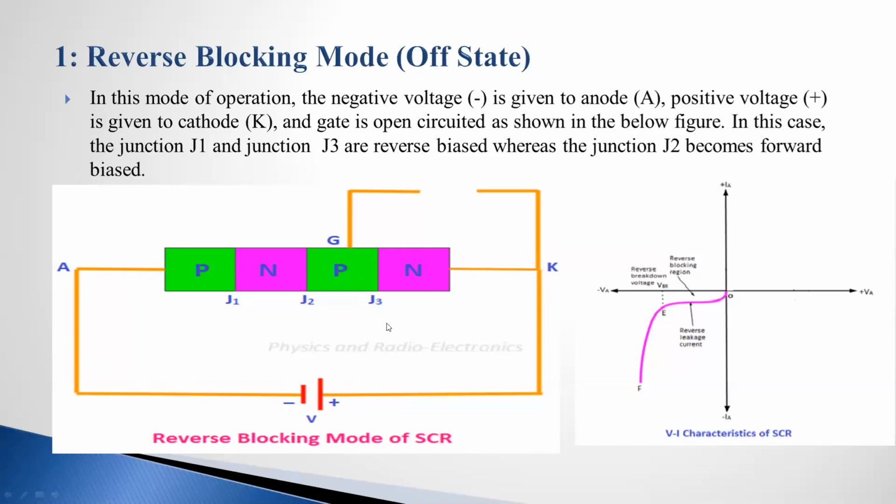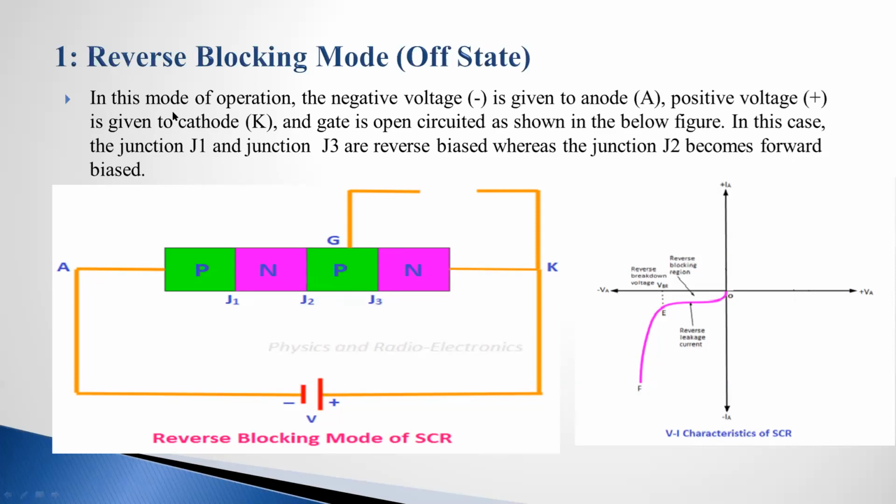For forward bias, P should be connected to the positive side and N should be connected to the negative side. But here P is connected to the negative side and N to the positive side. So obviously junction J3 comes into the reverse bias condition.